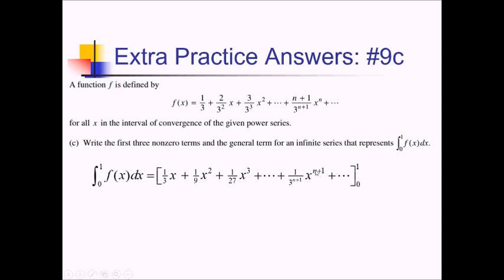Okay, well, if I plug 1 into all of that stuff, since we've really just got an x squared or an x cubed or an x to whatever power next to each of these coefficients, and you're just plugging 1 in, you're just going to end up getting whatever the coefficient is. So this first thing is going to be 1/3 plus 1/9 plus 1 over 27 plus, over here, just 1 over 3 to the n plus 1. So really just keeping those coefficients.